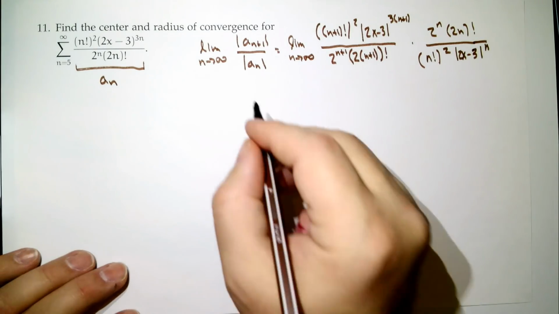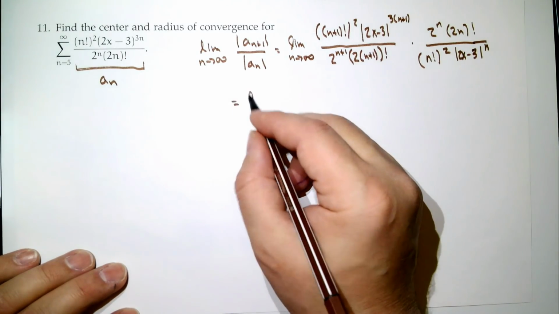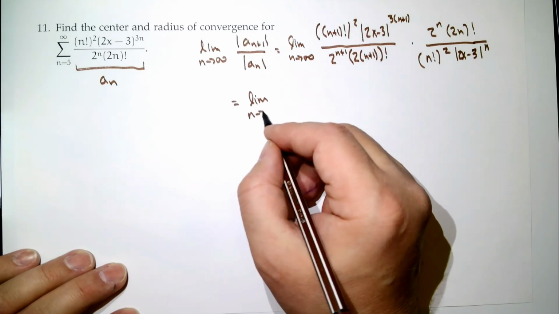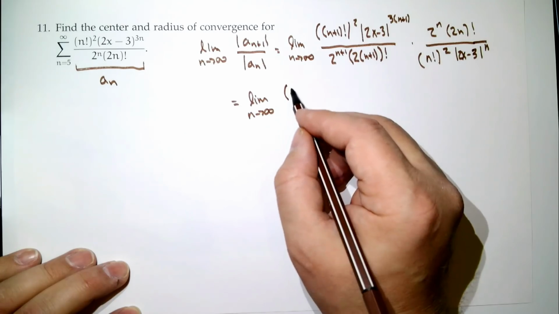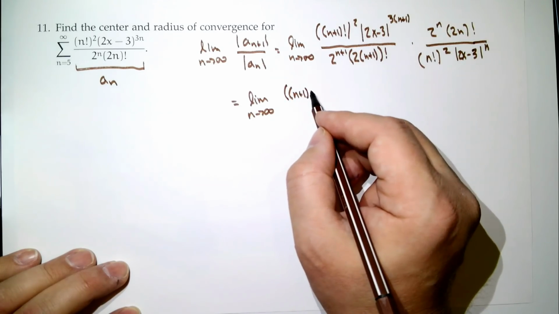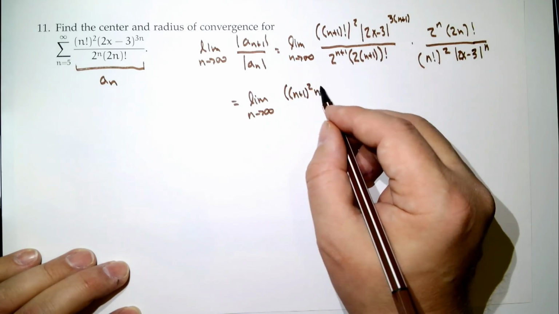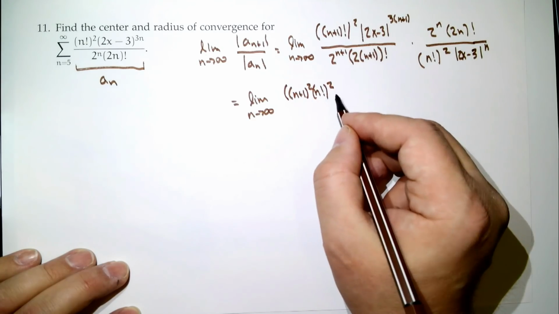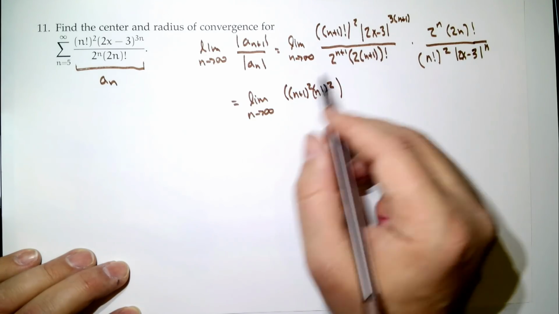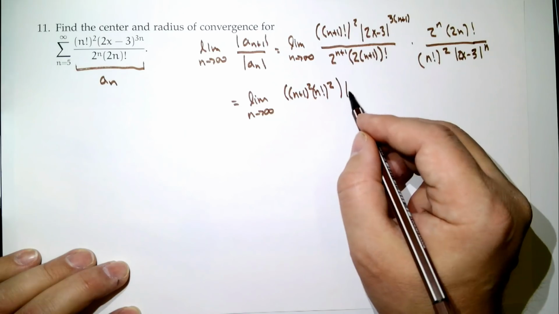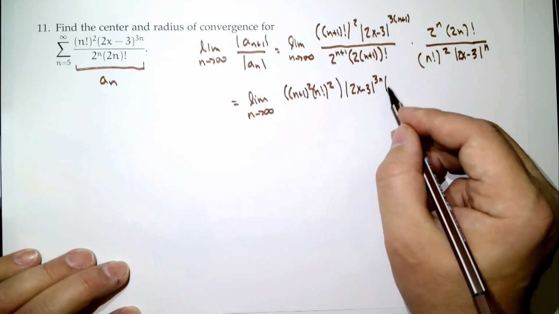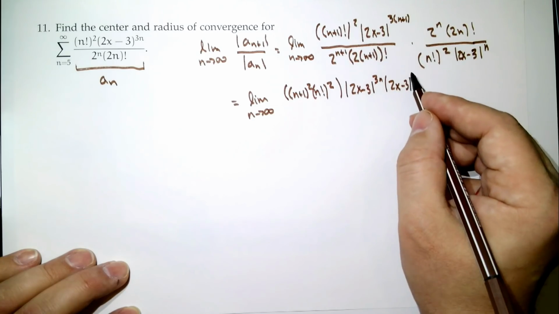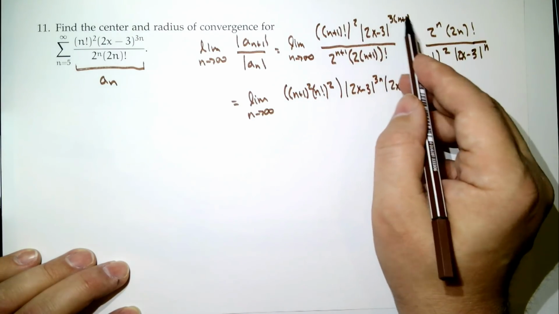Okay, so this becomes equal to the limit as n goes to infinity of, upstairs I'm going to have n plus 1 squared, n factorial squared. Absolute value of 2x minus 3 to the 3n, absolute value of 2x minus 3 to the 3, because 3n plus 3.